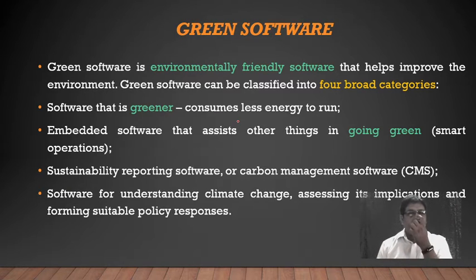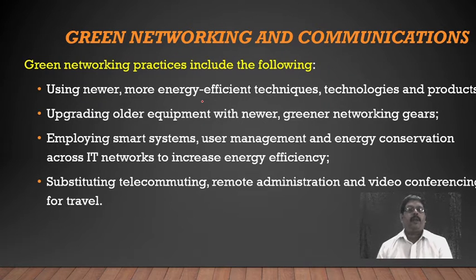The third one is sustainability reporting software or carbon management software, that is giving the carbon management or carbon details. So that is the third concept. And the next one is software for understanding climate change, accessing its applications, and forming suitable policy responses. These four things together are called green software.